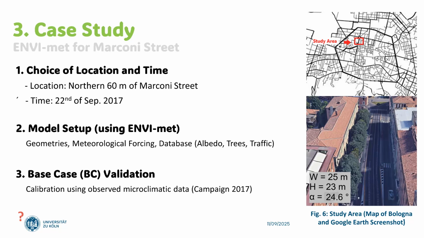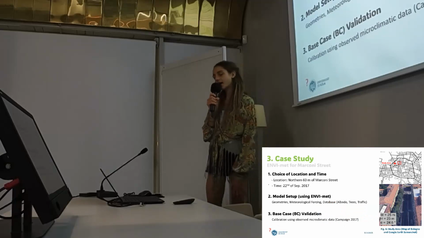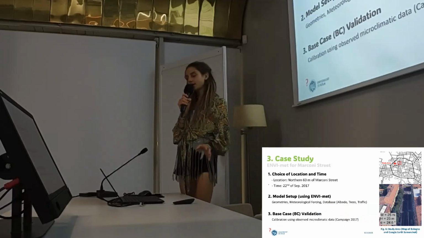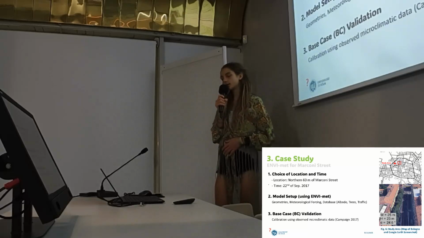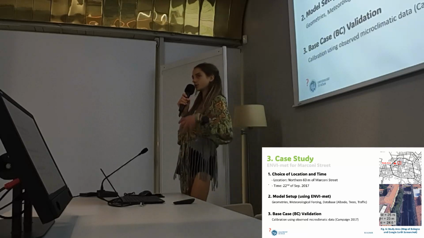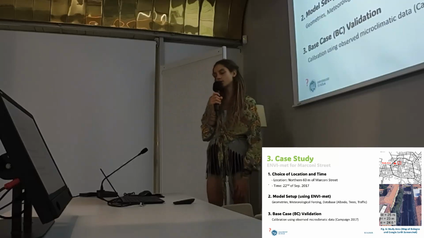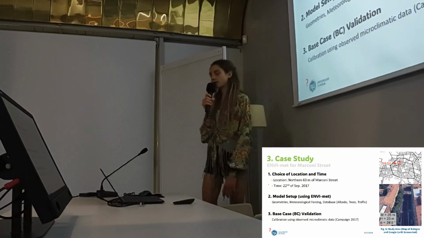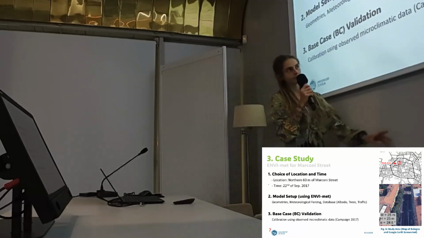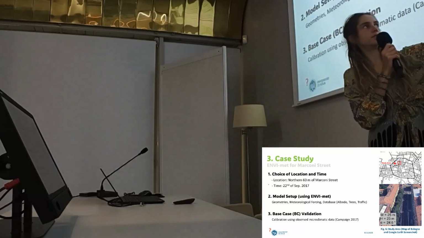And I chose the time because there was data available to validate my model. So I modeled the 22nd of December 2017. And I set up the model by integrating the geometries, the meteorological forcing, and also a database. So I included the albedos of the walls and the surface. Also, I included trees, which were already in the street, so you can see the vision of the street over here.